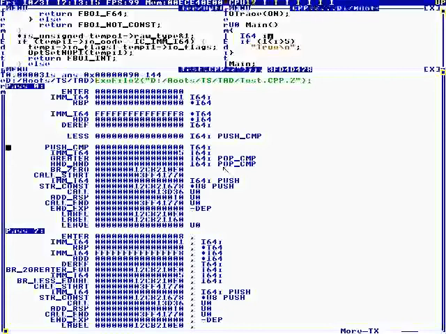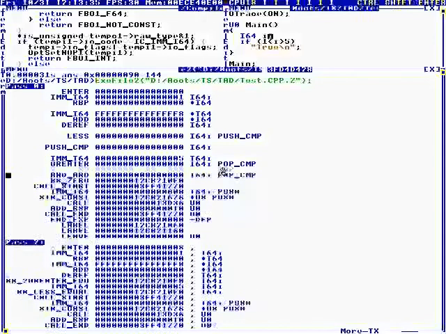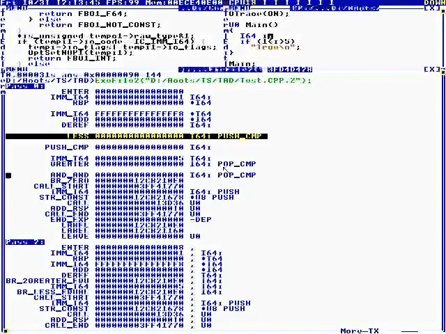This pushes the middle term. Oops, I made a crazy thing. It didn't mind. Anyway, the middle term is shared, and so the middle term can be an expression. So we push the result of the middle term expression, and at this point we're doing branch greater, and then we do an and. So the two comparisons, this greater and this less, are and-ed, and then the result branch 0.